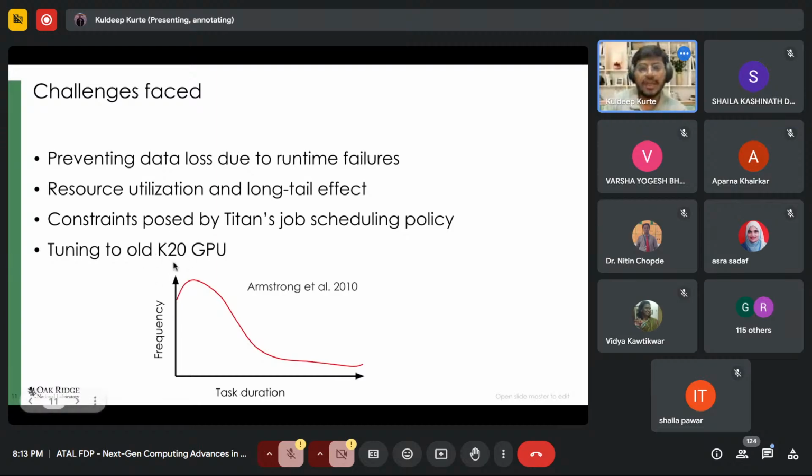Those were the latest GPUs when Titan was installed. K20s were new GPUs, but by the time we used them, they had become legacy GPUs. For example, the RAM was very small, less than 4 GB or something, I do not recall exactly. But we were not able to fit the entire satellite image onto the GPU memory.